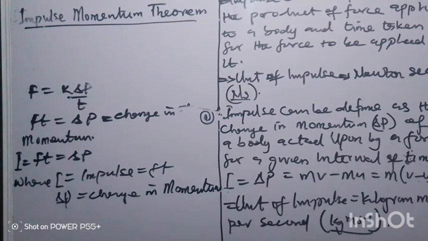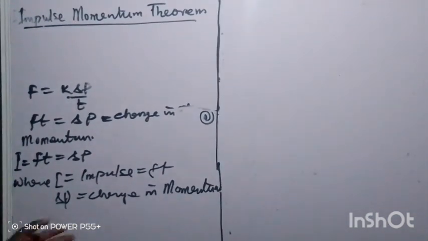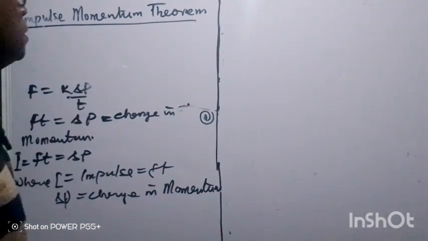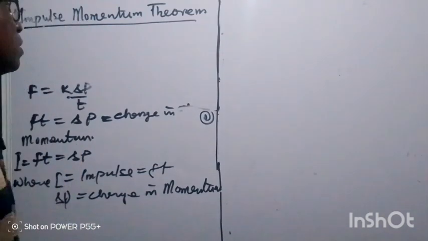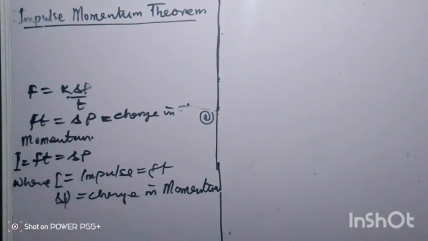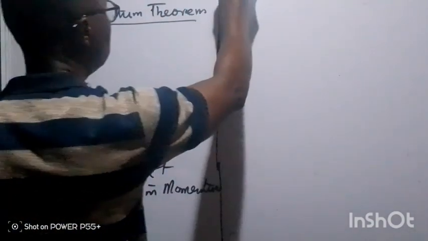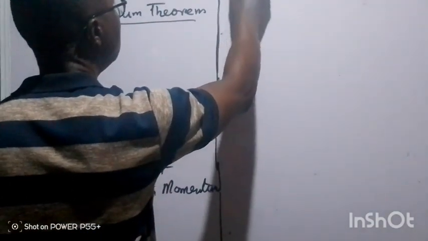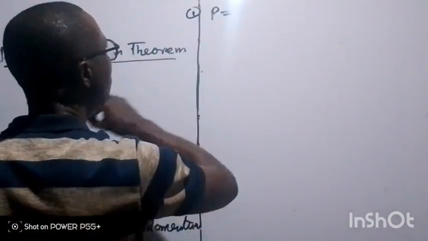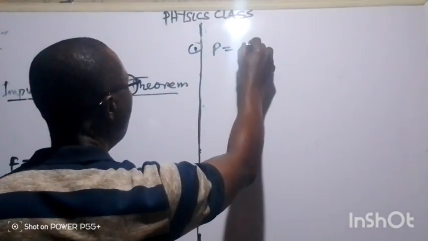To conclude this aspect today, if you have been following us right from momentum: number 1, momentum P is equal to mass times velocity.